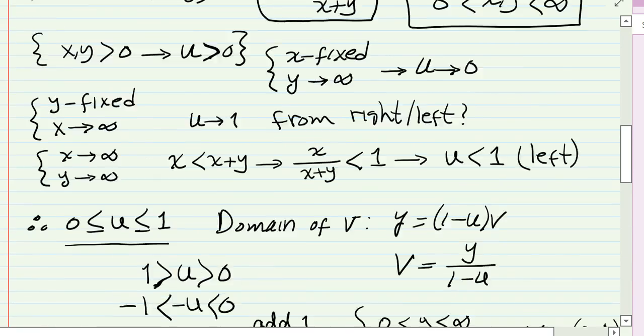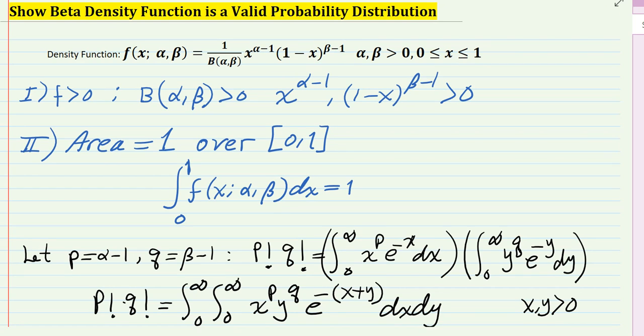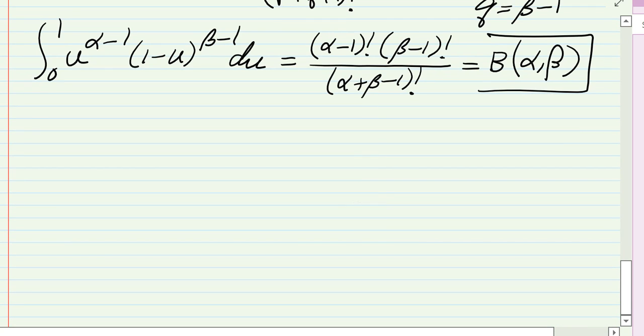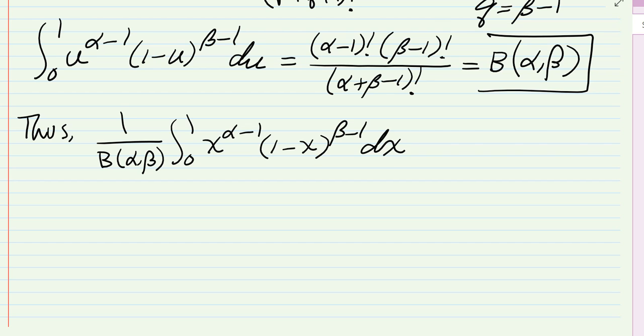Remember up here in the very beginning, I said if we can show that this integral is beta of alpha beta, then we pretty much have this down. Now, let me put it together then. Thus, 1 over beta of alpha comma beta, I'm working with the full density function now, the integral from 0 to 1 of x to alpha minus 1, 1 minus x to beta minus 1 dx.